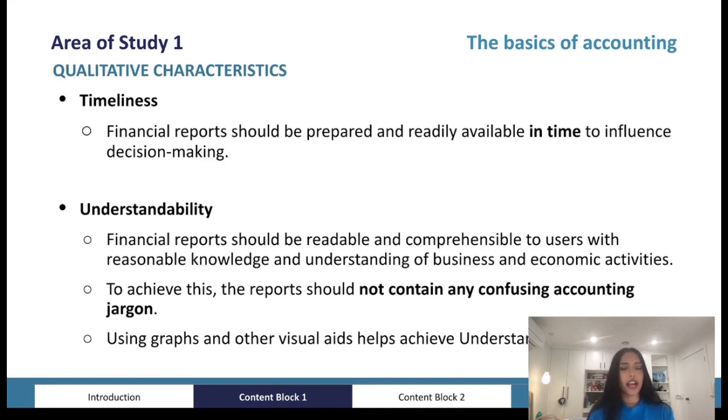So our accounting report shouldn't include any jargon or confusing language. And then again, you can use visual aids to help achieve understandability. So if you have a question like, why do we use graphs in our reports? The answer would just be understandability.